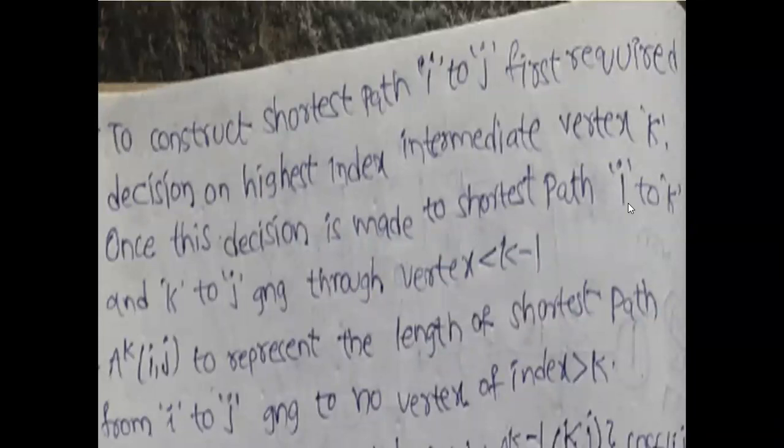The shortest paths from i to k and from k to j must go through intermediate vertices no higher than k minus 1. This is the main condition.